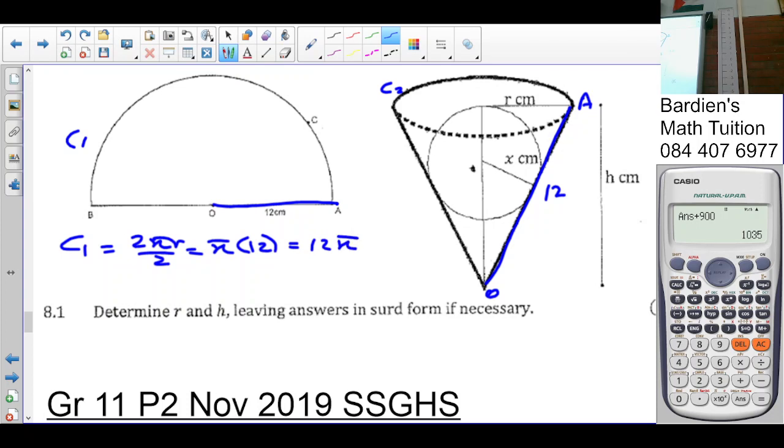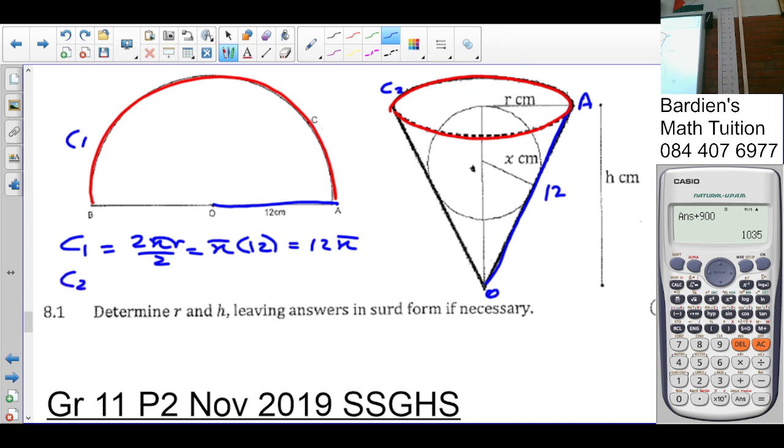But if you fold the semicircle so that OB coincides with OA, then the circumference of that semicircle actually forms the circumference of circle C2. If you do the experiment, you'll see that that outer edge, C1, will be the C2 in the cone. Which means now I can actually work out R, my radius.